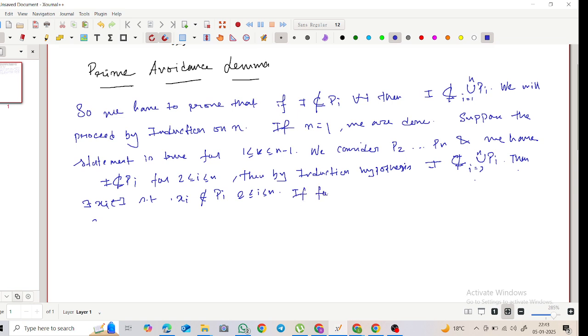If for every x belonging to I, x belongs to the union or x belongs to P1, then I mean there exists an x which is not in P1, right?